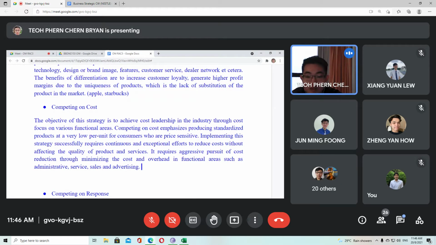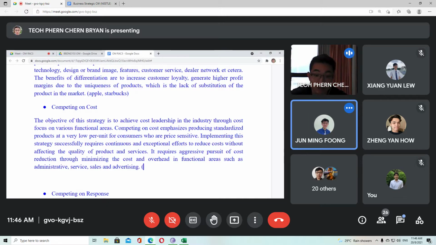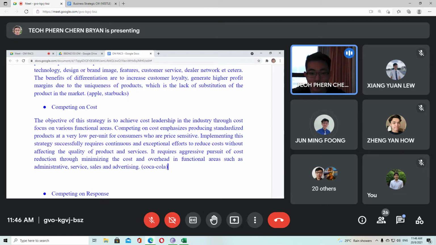Okay, example. Example, like Coca-Cola. Now, people think of Coca-Cola as not a cost leadership company because they have a very strong market position. But because their company is so big and their production is very established, they have a cost advantage compared to smaller beverage manufacturers.